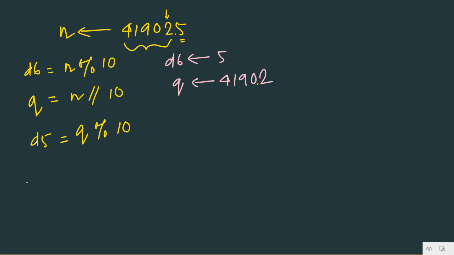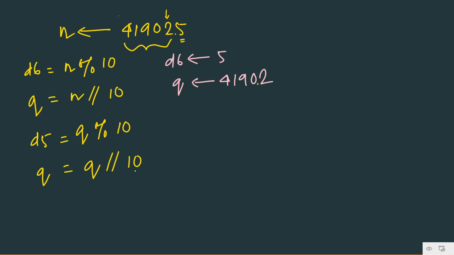So we update the variable q: q equals q integer division 10, so divided by 10. The new value of q is equal to the old value of q divided by 10.